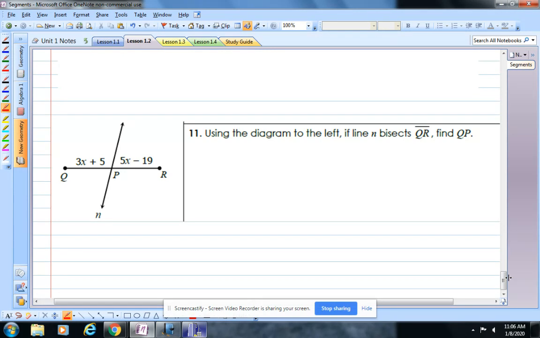So, using the diagram to the left, if line N bisects segment QR, what does that mean, bisect? Cuts it exactly in half. It goes through the midpoint, right? Find the length of QP. So line N is a bisector. It cuts it exactly in half. So what does that tell me about this figure?